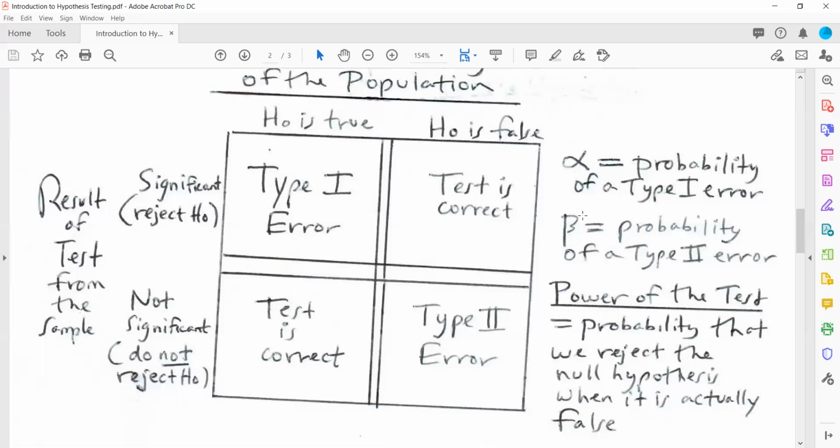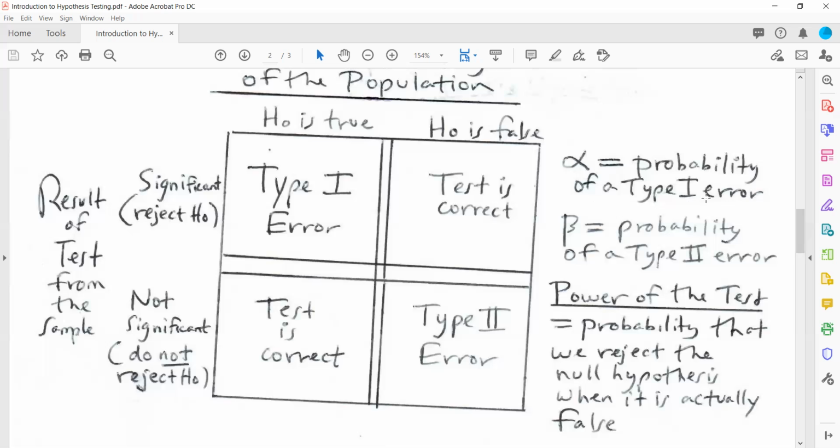So beta is the probability of a type 2 error. That's what we call it, beta, the probability of this type 2 error. Therefore, the power of the test, being the complement of that, is 1 minus beta. And I'll show you in section 7 of this chapter, there's a little something about that. So we'll go over that today, what the power of the test is, so that you would know how to calculate it.